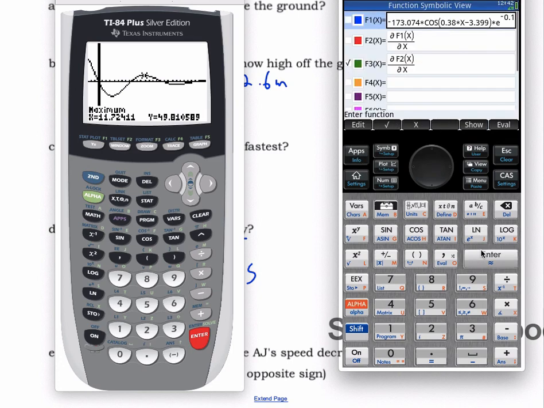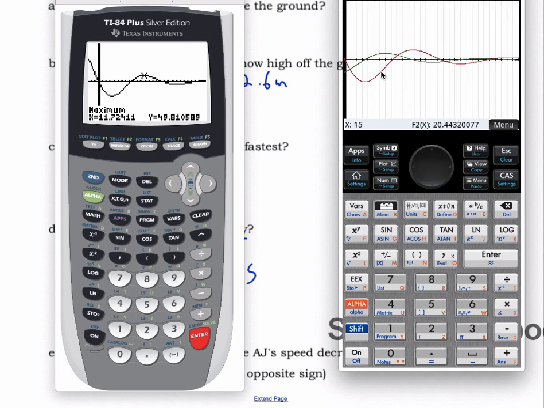Let's go to apps, and let's plot the velocity and the acceleration together. And where are the opposite signs? Well, right here, the green one here is the acceleration, so it is positive, and then velocity is negative all the way up to these points. So if we know the roots here, we get the roots here, then we can answer the question.